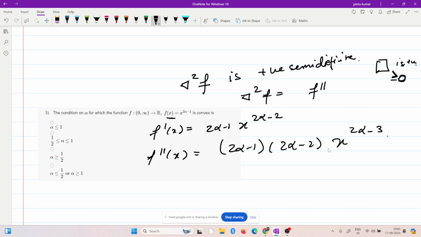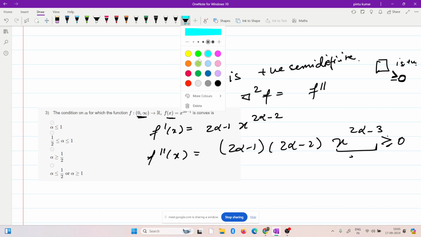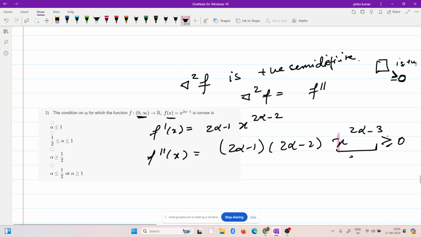So we want this thing to be greater than or equal to 0. This value x, because it's from 0 to infinity, will always be positive. So we can just ignore this for the time being, and focus on the rest of them.